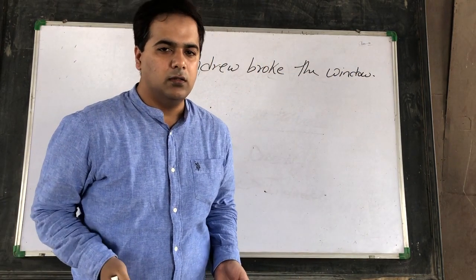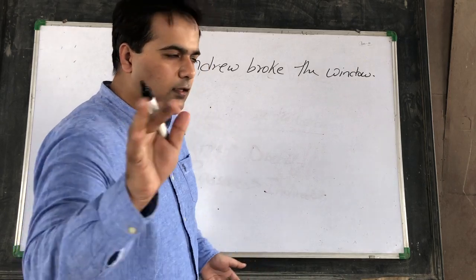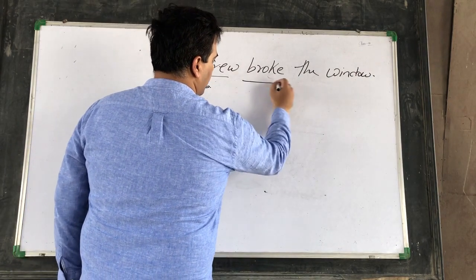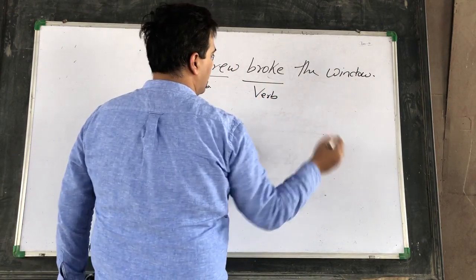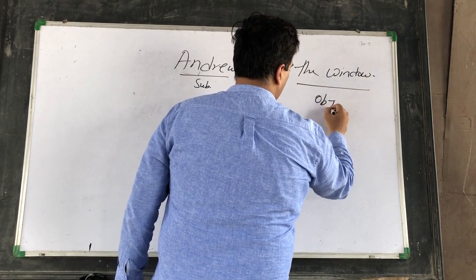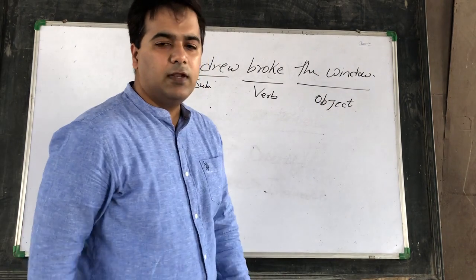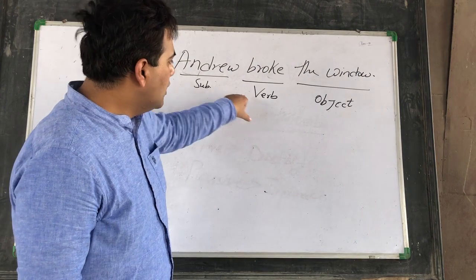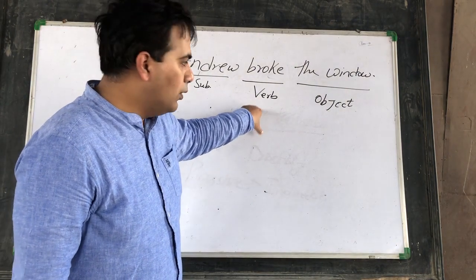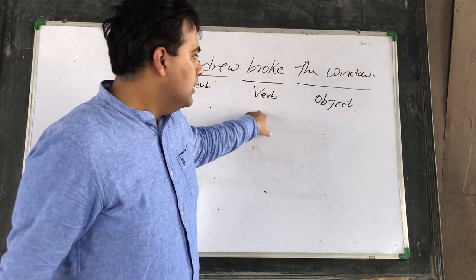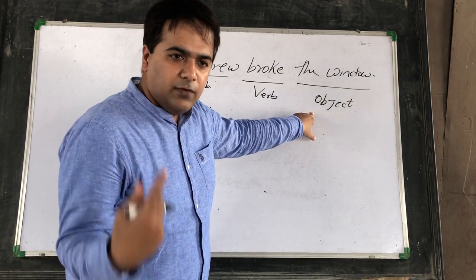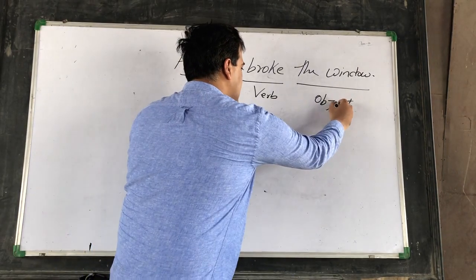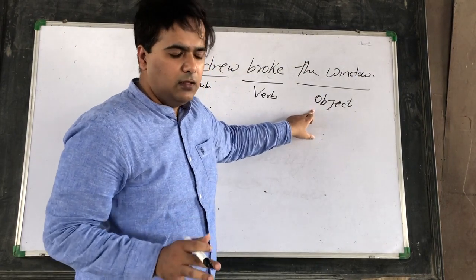Here Andrew is the subject, broke is the verb, and the window is the object of the sentence. Who is doing the work? Andrew is doing the work. What work is being done? Breaking of the window, broke, the second form of the verb. Then what is being broken? The window is being broken. So the window is the object of the sentence and it is receiving the action of the verb.